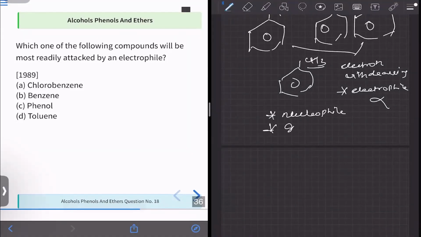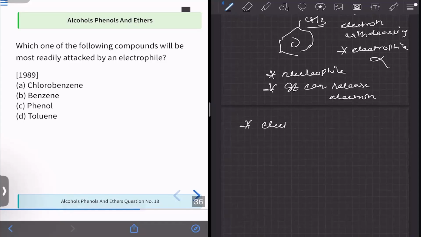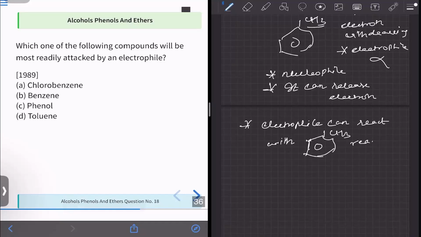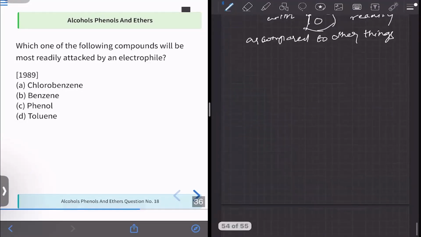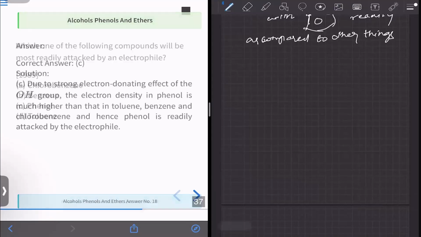It can release electrons. So an electrophile can react with toluene readily as compared to the other things. So the option will be D.